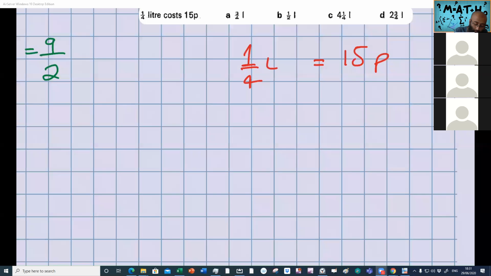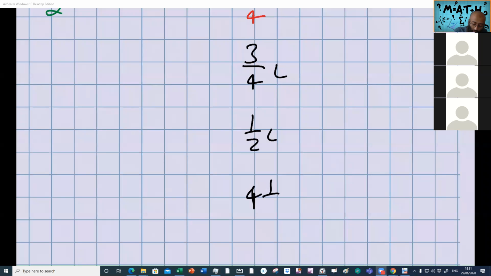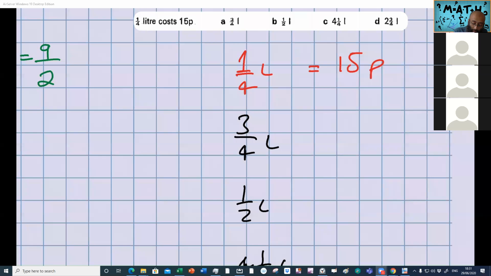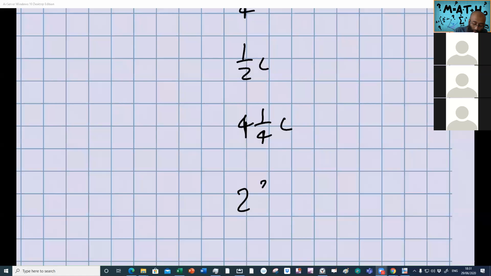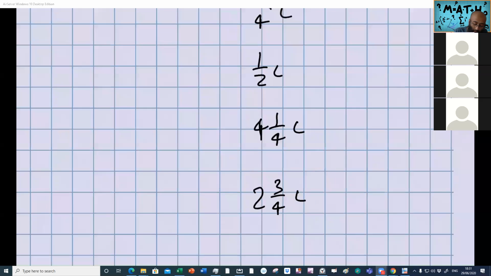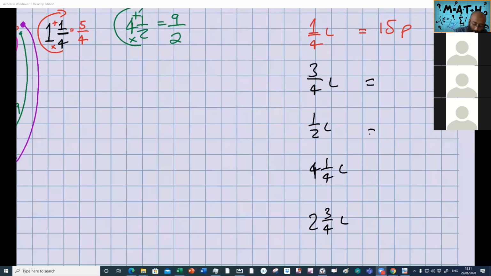Now we're going to write over here 3/4, half a liter, and then we have 4 1/4 liters, and last but not least, 2 3/4 liters.